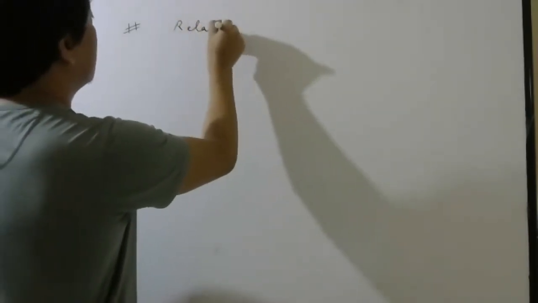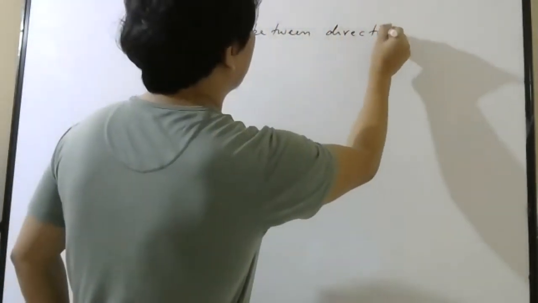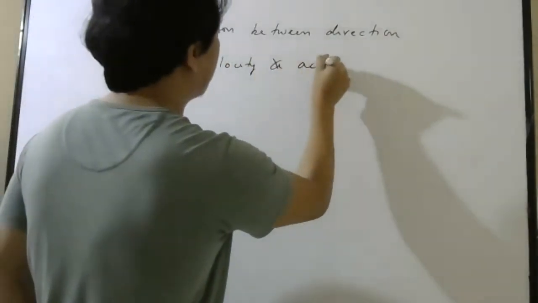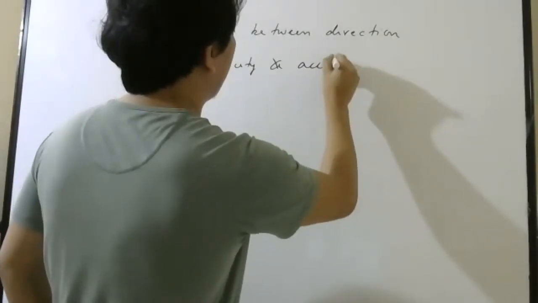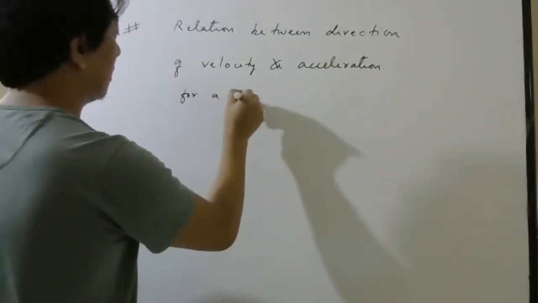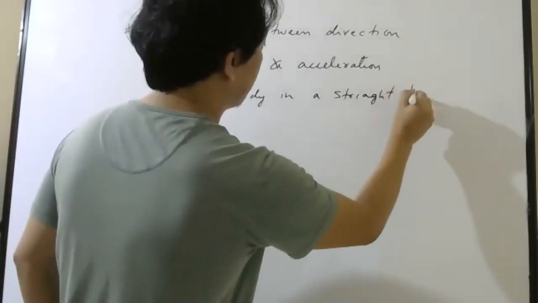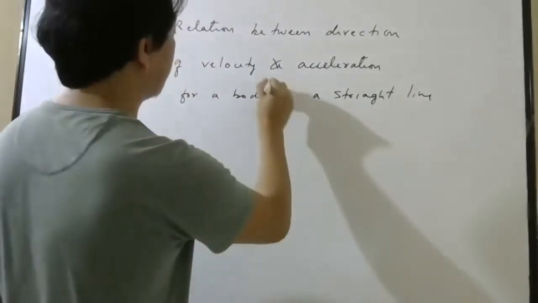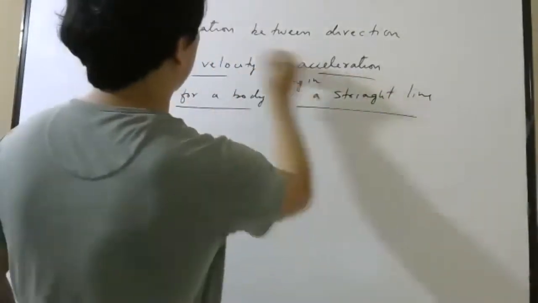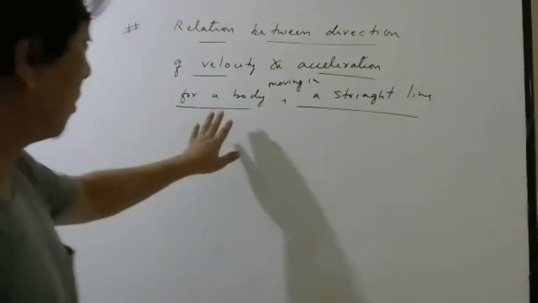Relation between direction of velocity and acceleration of a body moving in a straight line.